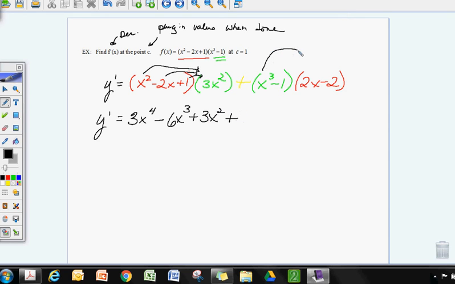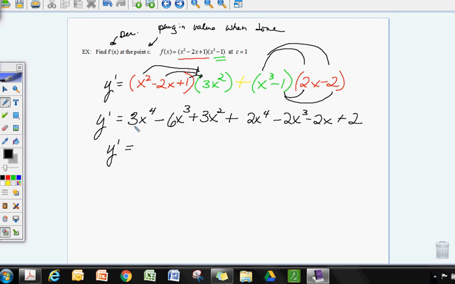This one is a true FOIL, a first, an outside, an inside, and a last. So I'm going to get a 2x to the 4th power minus a 2x to the 3rd power minus a 2x plus a 2. So now it's just a matter of combining like terms.